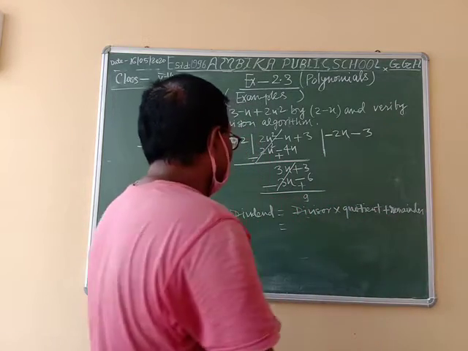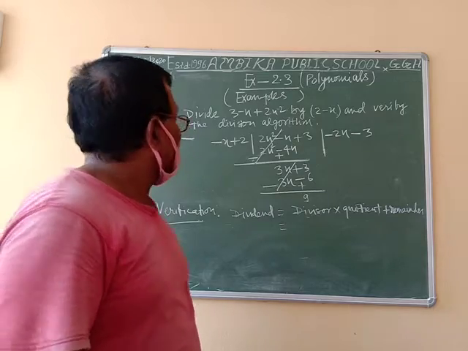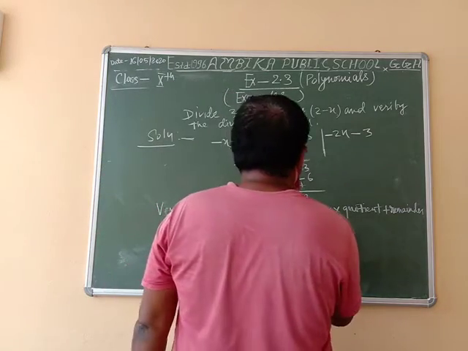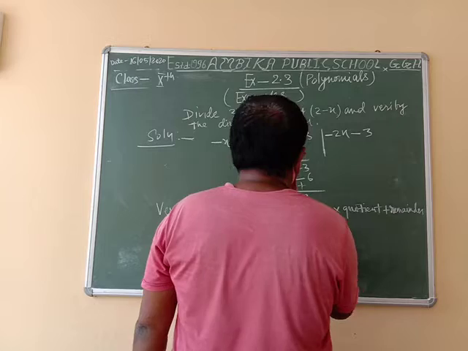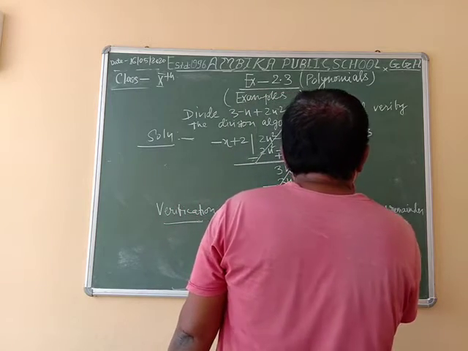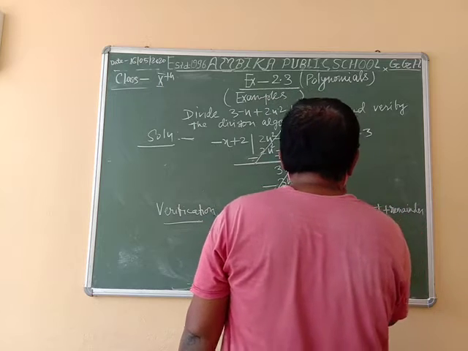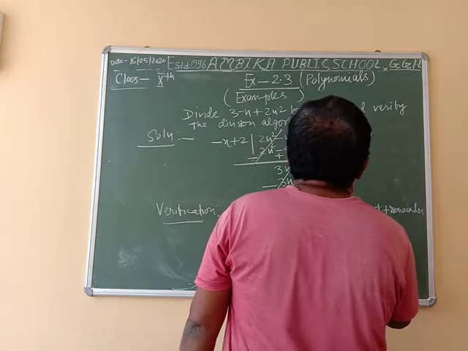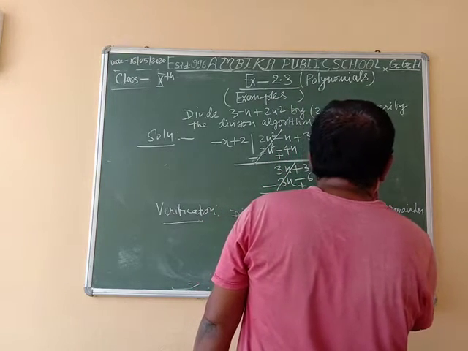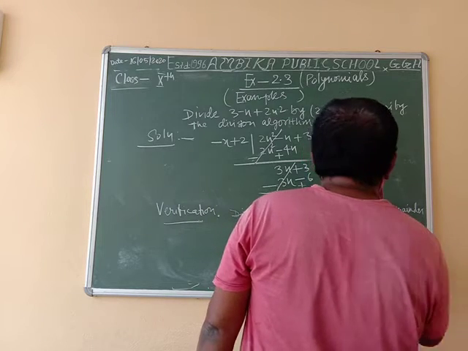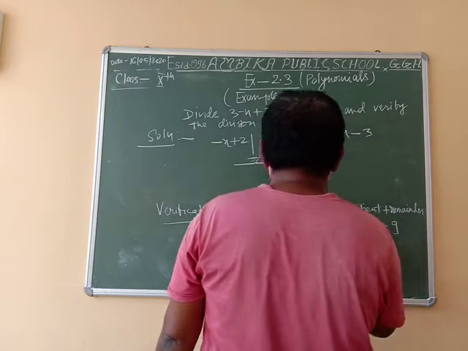Here divisor is minus x plus 2 into quotient. Quotient is minus 2x minus 3, plus remainder is equal to 9.